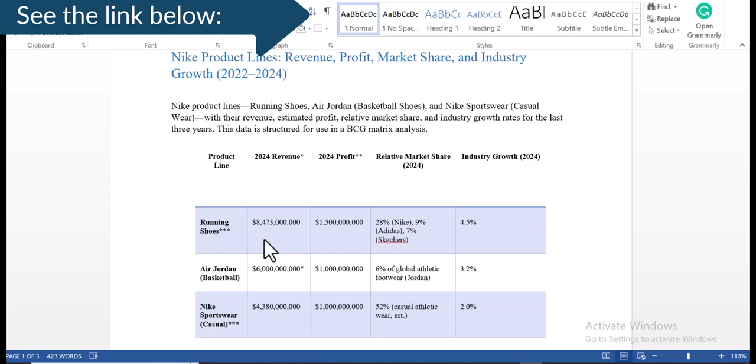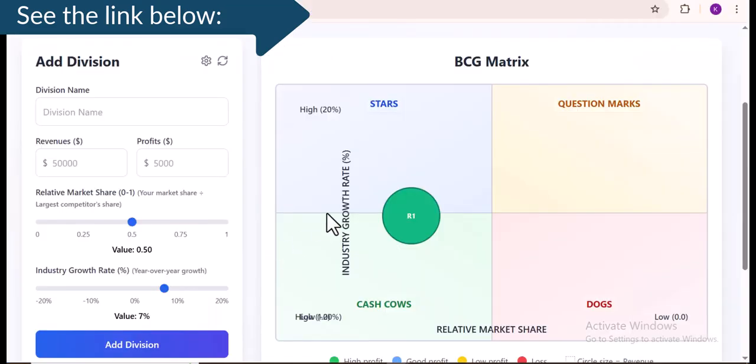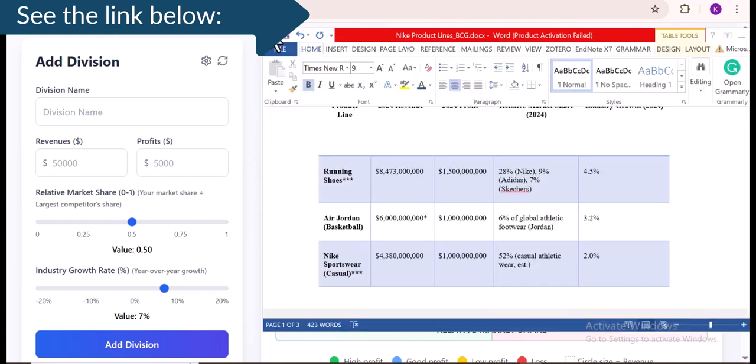So we will take all these data points into R, which is your BCG matrix. Once you enter all these data points, we will automatically get the BCG matrix with the relative positions of each product line. So let's start.